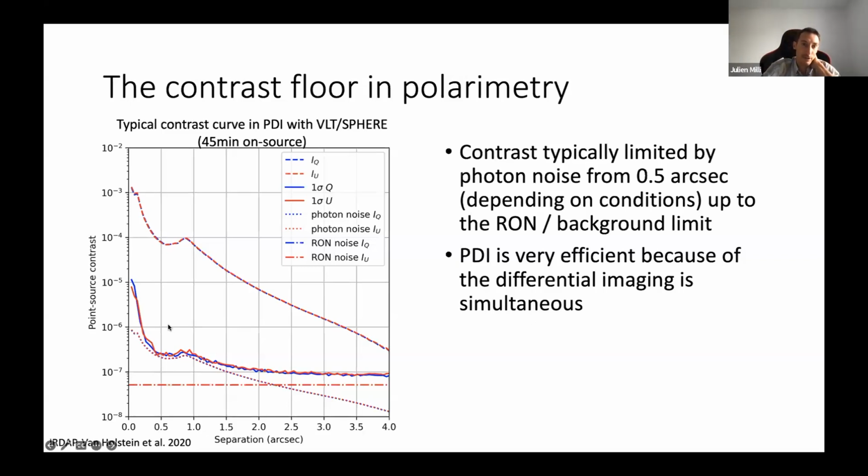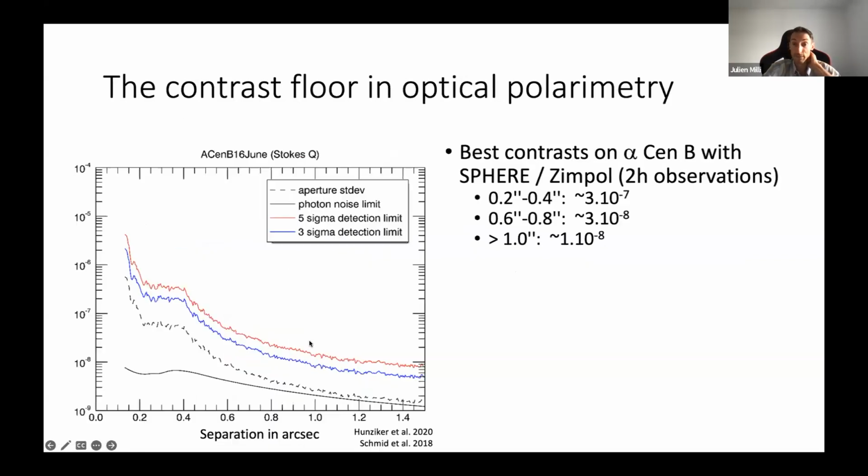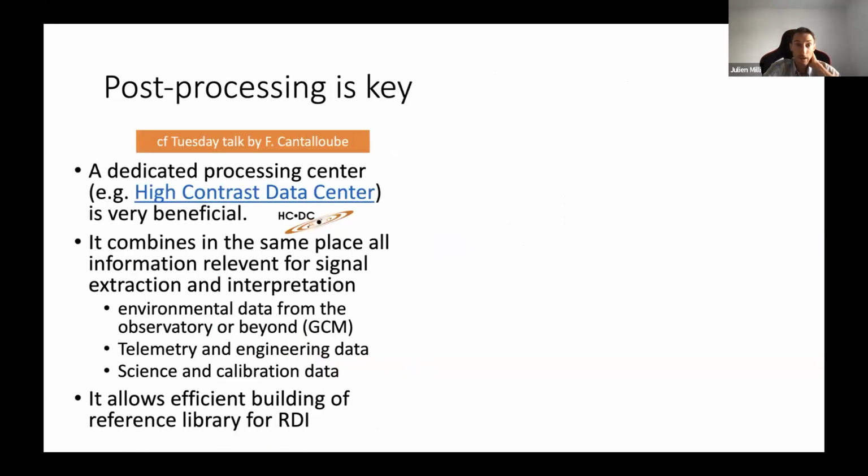As you can see here, this is about 45 minutes on sky, and the contrast you reach is almost at the photon noise level in the well-corrected region of your adaptive optics. So it's really promising, and we can do the same in the optical.